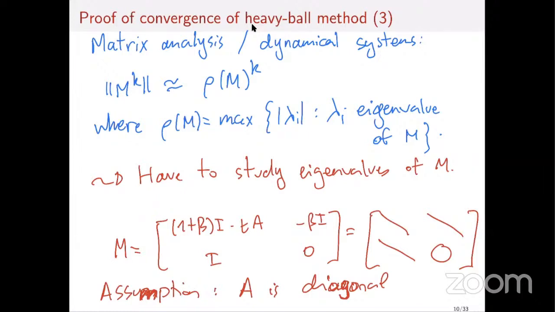Now, to analyze this matrix, if you do a bit of matrix analysis, it's not very difficult to see how you would proceed. If I permute the rows and columns of this matrix, I can put it into a block diagonal form with 2 by 2 blocks.